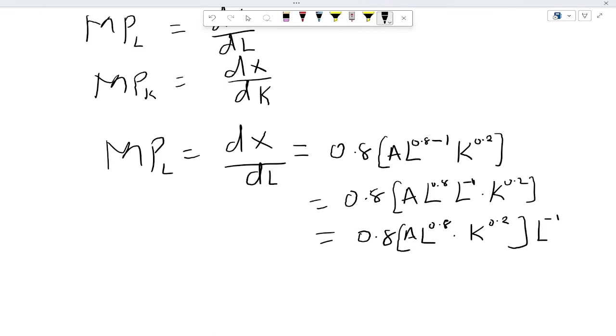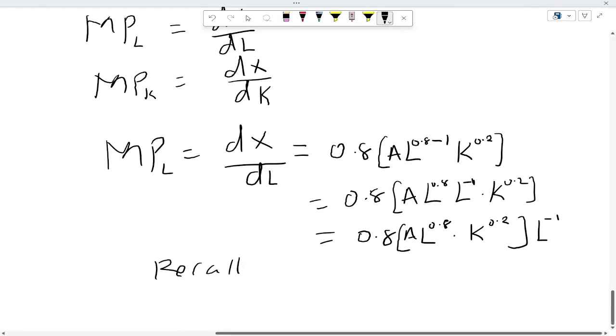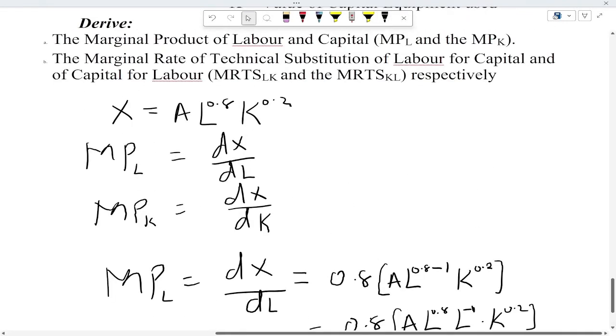Now, what happens is that, recall from your initial equation, AL raised to power 0.8 multiplied by K raised to power 0.2 is actually x, equal to x from the beginning. Recall this.